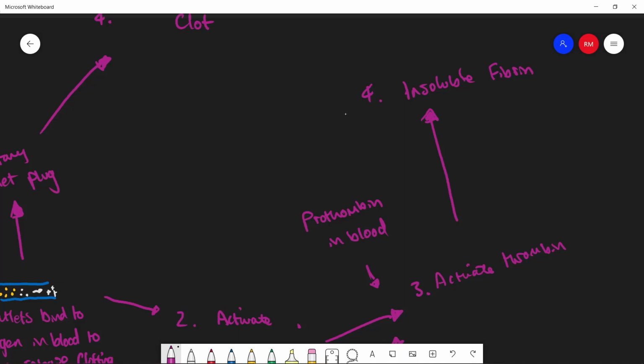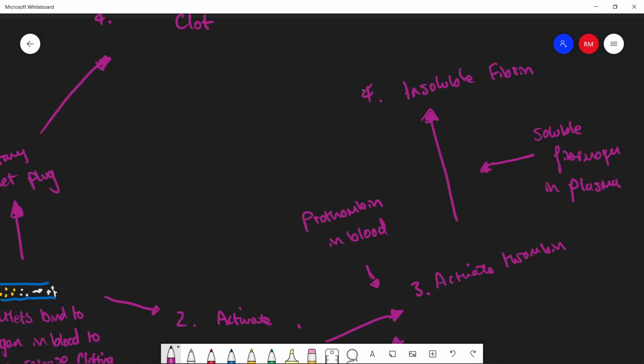And essentially this fibrin will attach to platelets in the plug to reinforce the plug. Also needed for that is the soluble fibrinogen. And this is actually in the plasma.